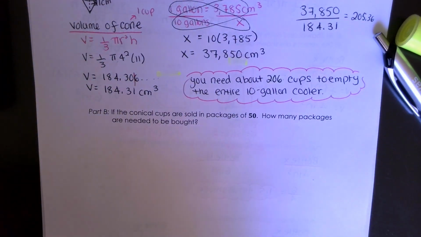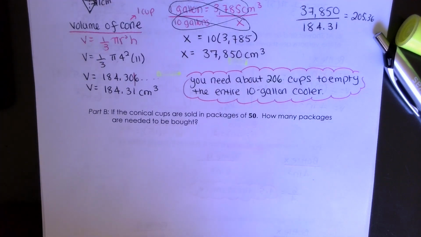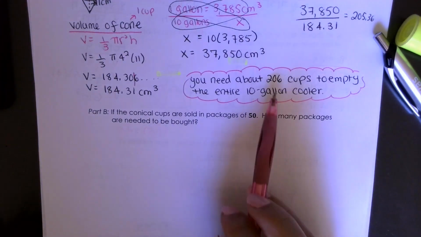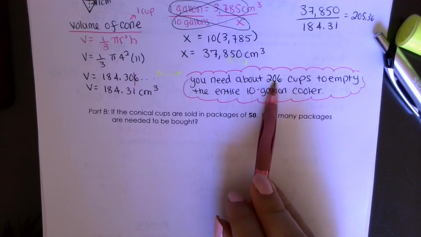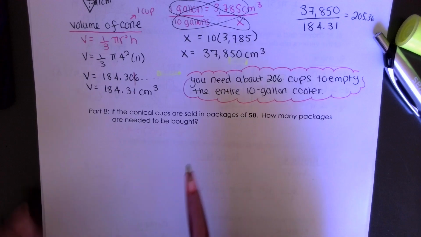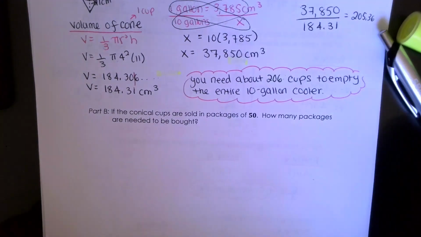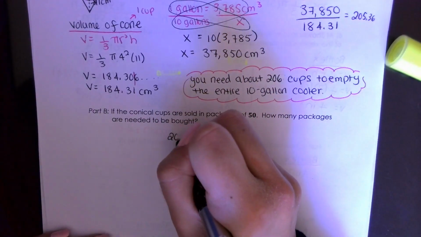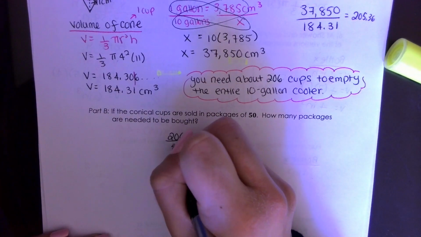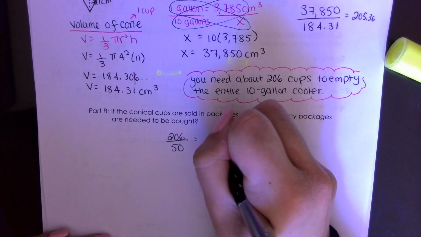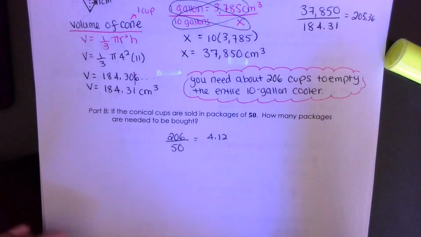Next, for part B, if the conical cups are sold in packages of 50, how many packages are needed to be bought? I need 206 cups. 1 pack is 50, so how many packs do you need? You divide it out. So I'm just going to do 206 divided by 50. You get 4.12.